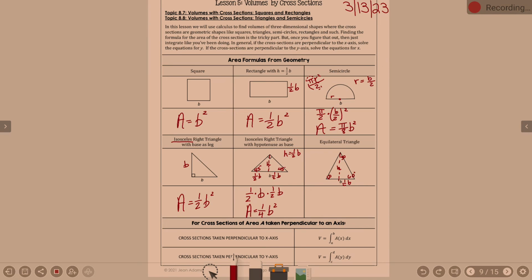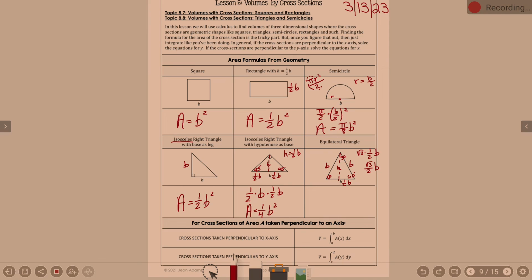The hypotenuse is 2 times the short leg, which is just b, but wouldn't we already know that? And what's the height? What's that long leg? It is square root of 3 times the short leg. So square root of 3 times 1/2 b, or in other words, square root of 3 over 2 times b. That would be your height.